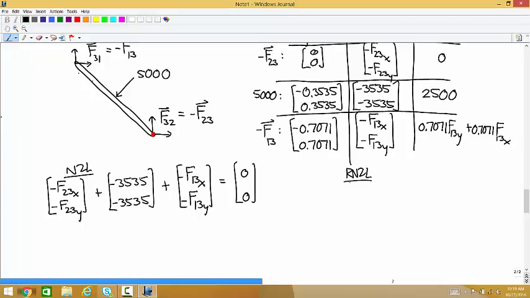And the moment equation says 2,500 plus 0.7071 f(1,3)y plus 0.7071 f(1,3)x is equal to 0.